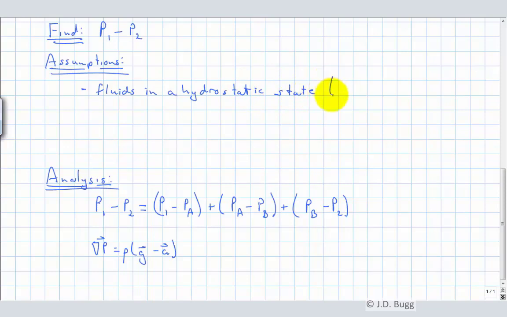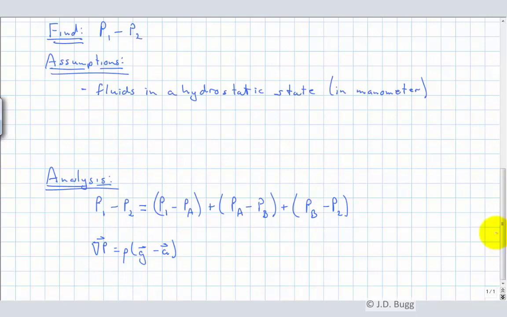Okay, and here we're talking about the fluids in the manometer. The fluids in the main pipe can be moving, so they might not be in a hydrostatic state, but we're not going through the main pipe to calculate this pressure difference. We're going through the manometer. So we've got the assumption written down that always goes with that equation.